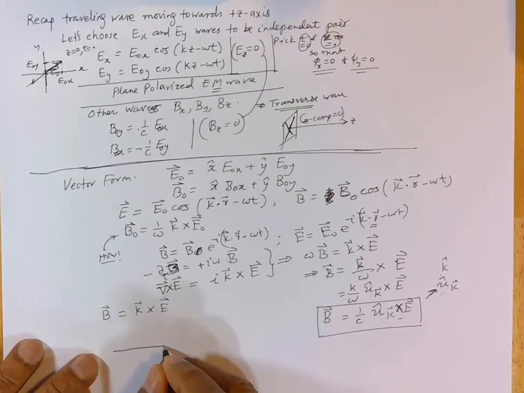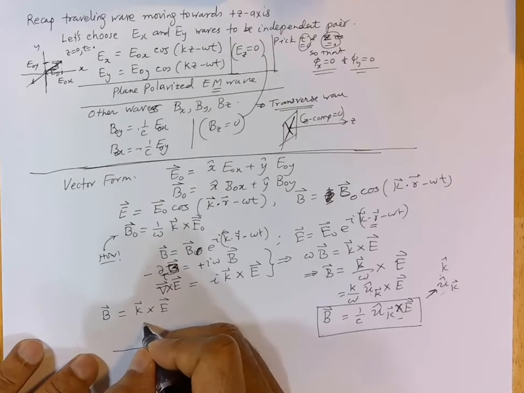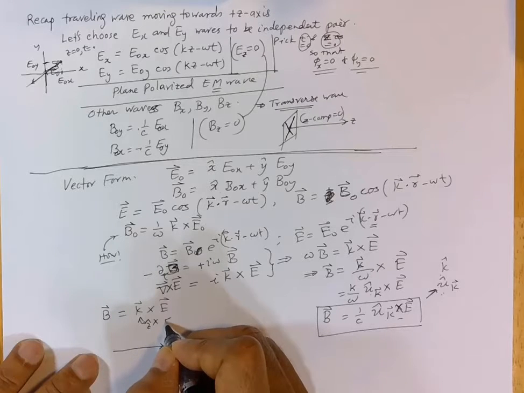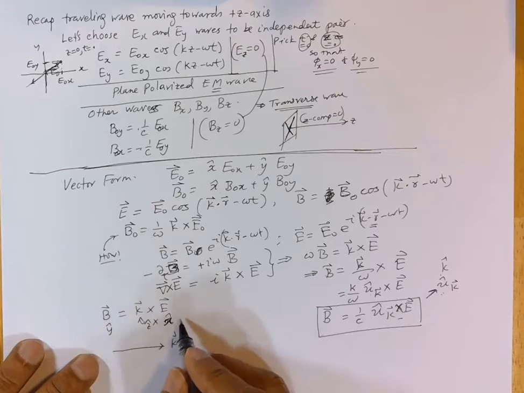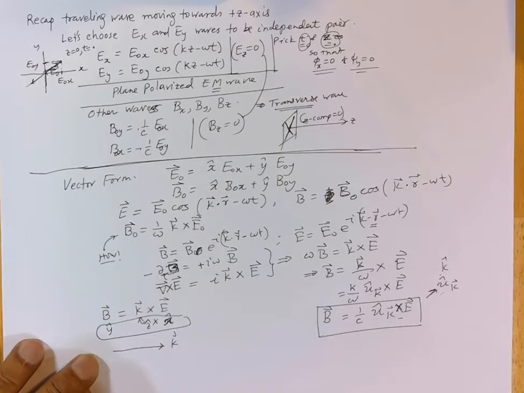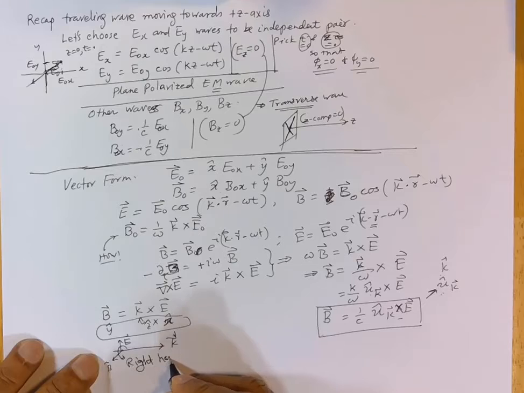So if k was along the z hat direction, and E is in the x hat direction, then B will be in the y hat direction. You can see this relationship of the cross product. If this is the propagation direction, then I go from E vector to B vector, and this is the source of the right hand rule.